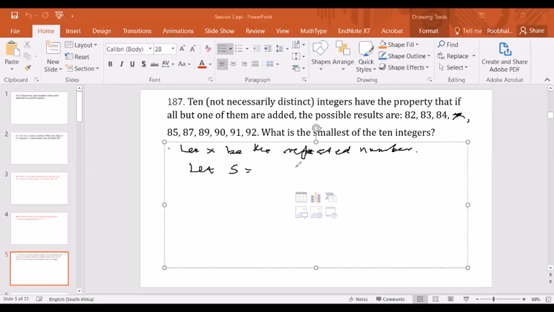Let S be the sum of the 10 numbers. Okay, now let's find out what these 10 numbers are.